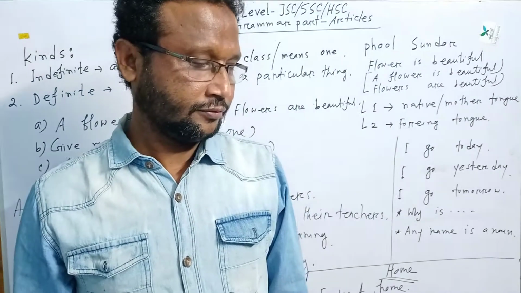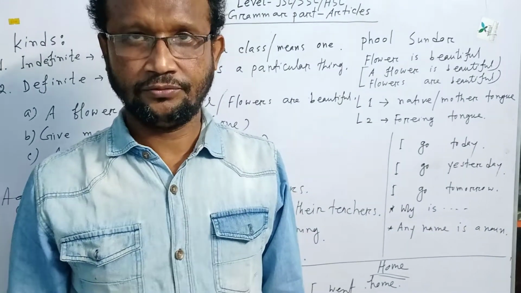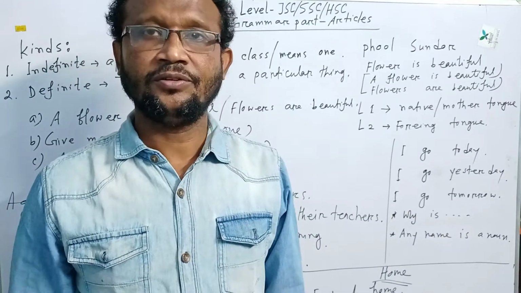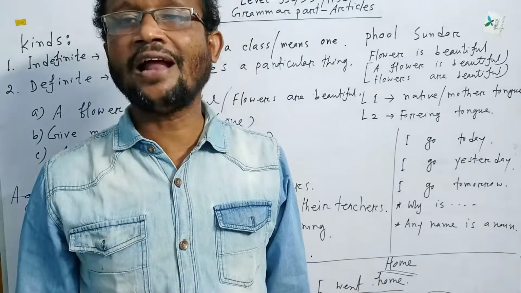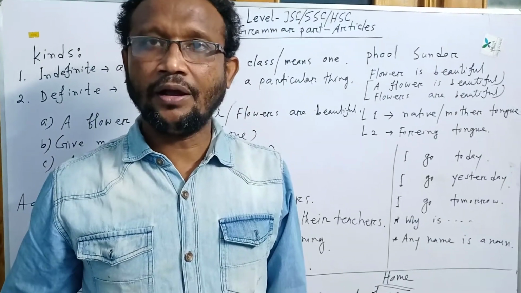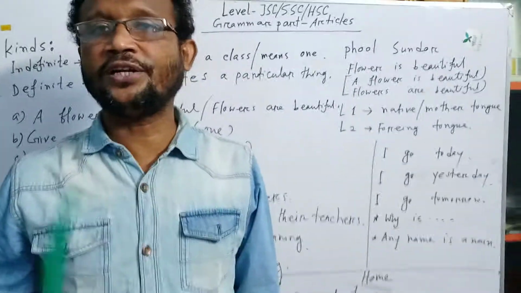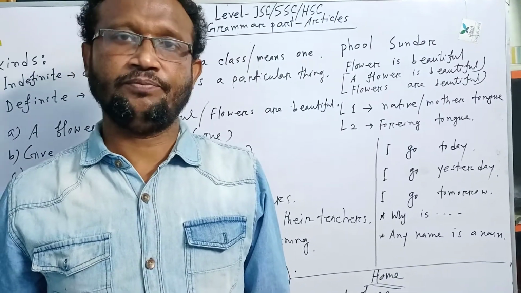Bengali learners stumble on articles, and the reason is that in their mind there is an unconscious process of translation, and this unconscious process of translation is inevitable in any language learning system.